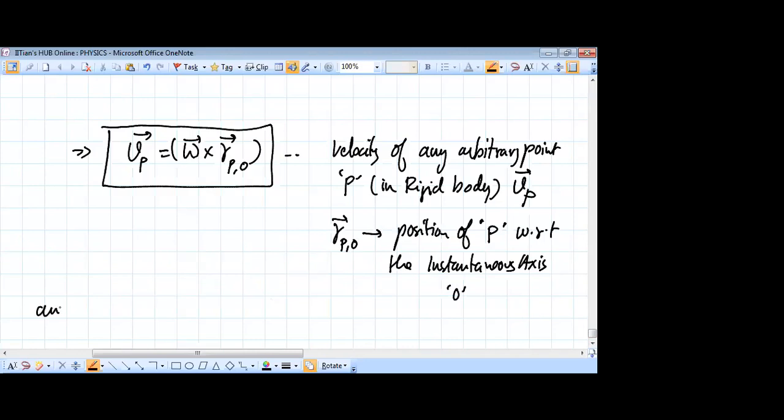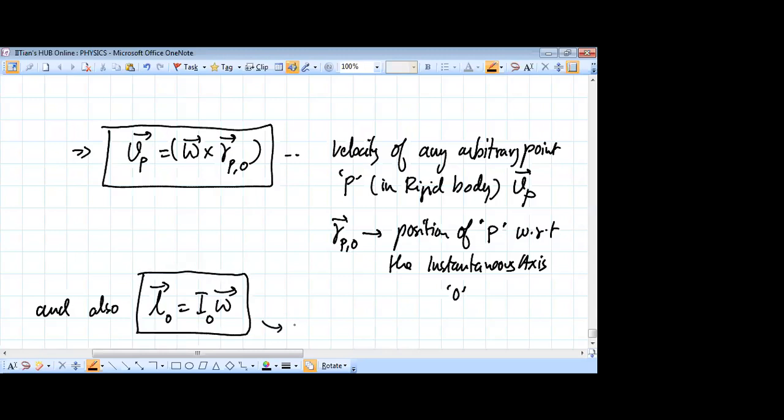And also the angular momentum of the rigid body about that instantaneous axis will become the moment of inertia about that instantaneous axis into omega. This will be angular momentum about the instantaneous axis of rotation.